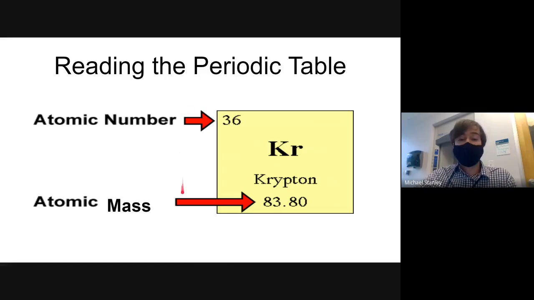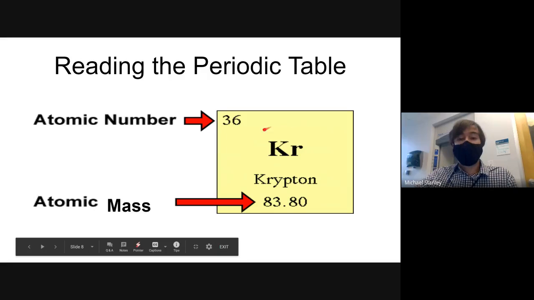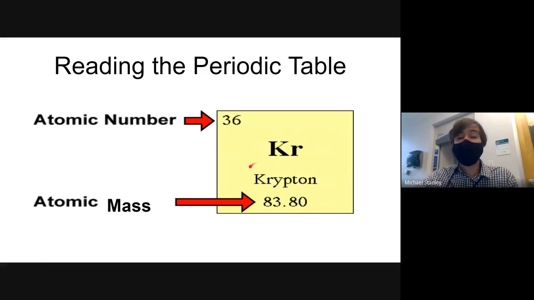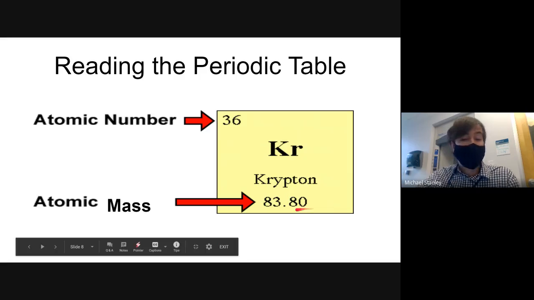And for the most part, the boxes look like this. You have a symbol or abbreviation in the middle. You have a word written out. And then you have a number on the top. And then a bigger number on the bottom.